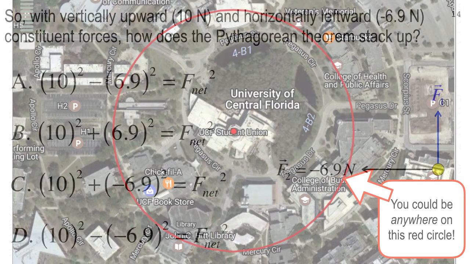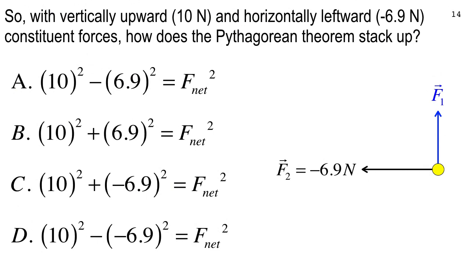All right, let's do another clicker question. For this instance, vertically upward, i.e. 10 newtons, and horizontally leftward, i.e. negative 6.9 newtons, which of these is the correct version of the Pythagorean theorem?